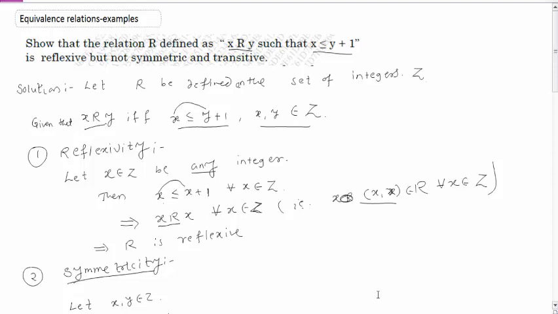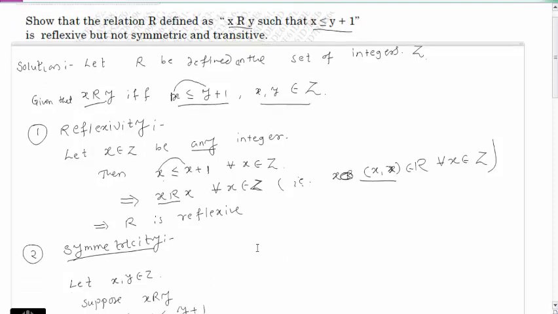Dear students, now we can see one interesting example based on an equivalence relation. Show that the relation R defined as x is R related to y such that x is less than or equal to y plus 1 is reflexive but not symmetric and not transitive.